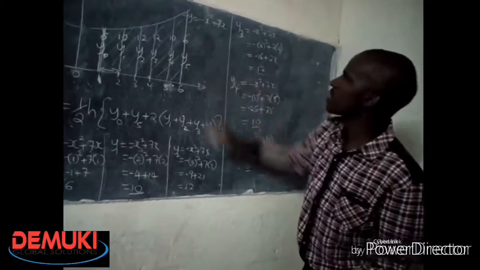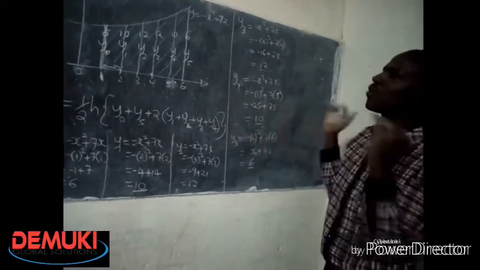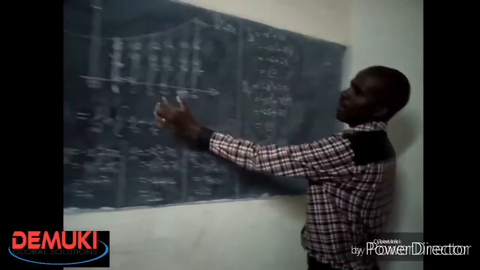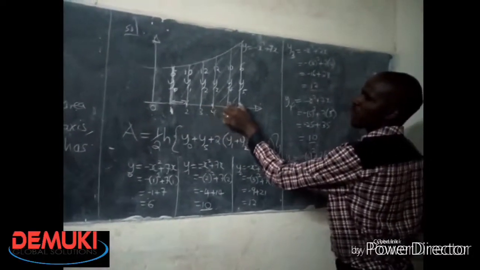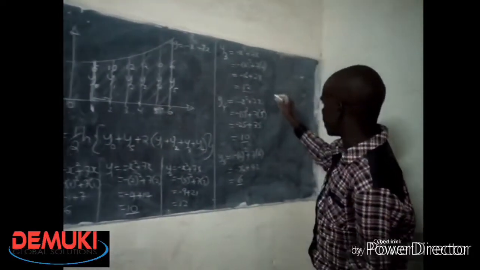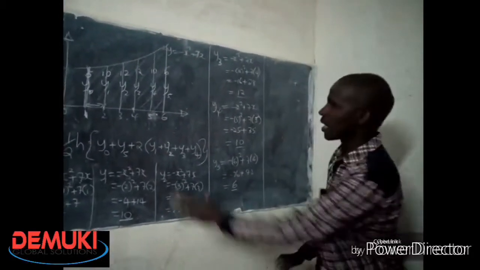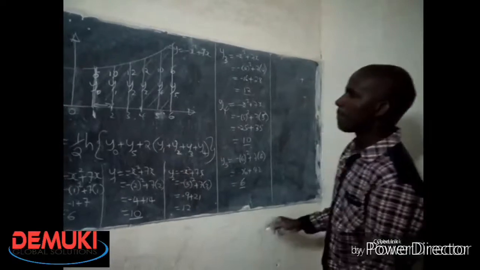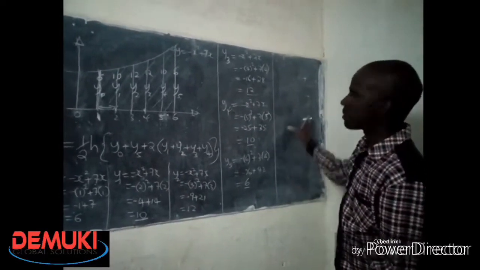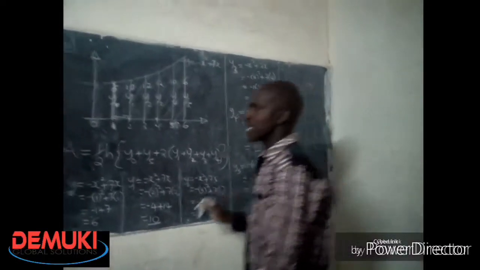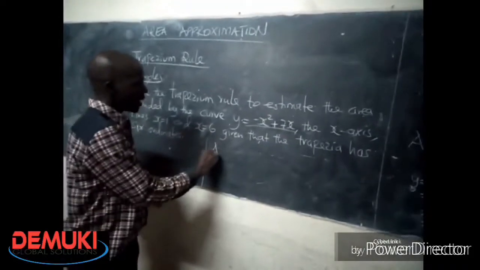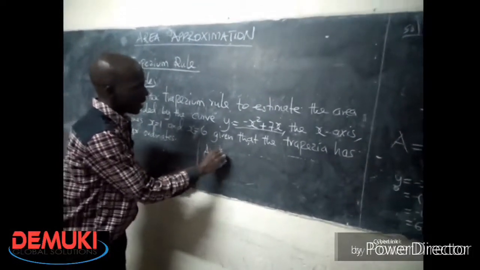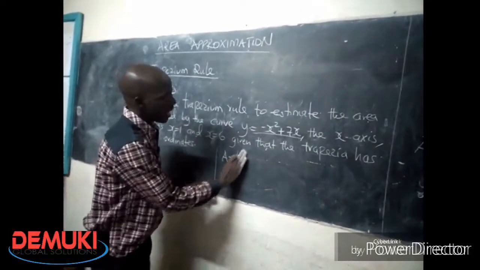So this is 6. After I've gotten those ordinates, I know now my h is 1. The width of these trapezia is 1. So I can simply apply my formula, and here is my formula. So my area shall be half h.